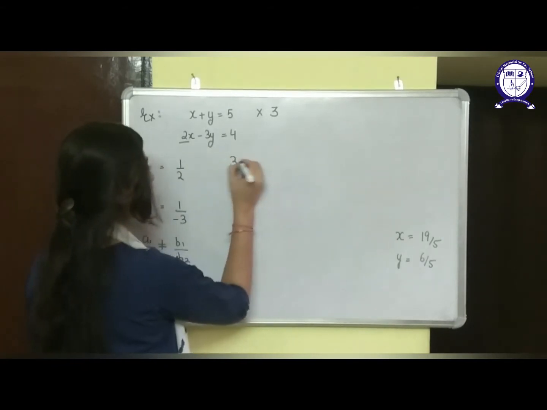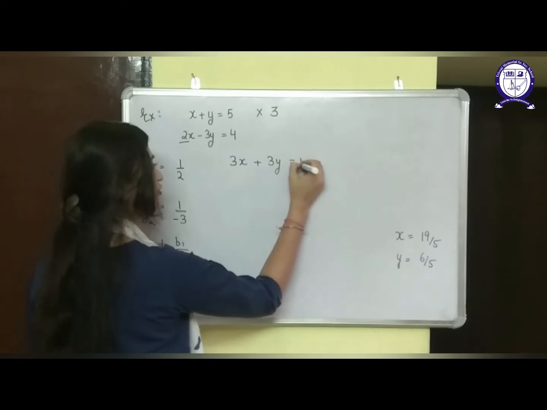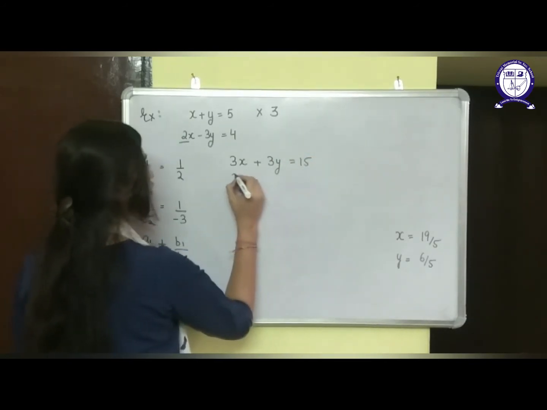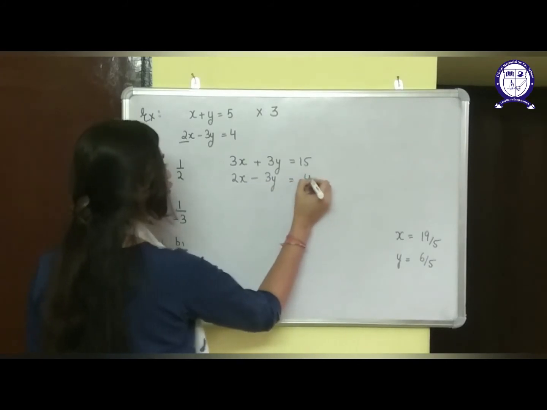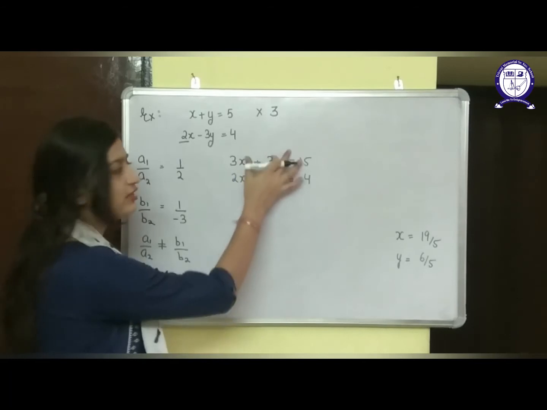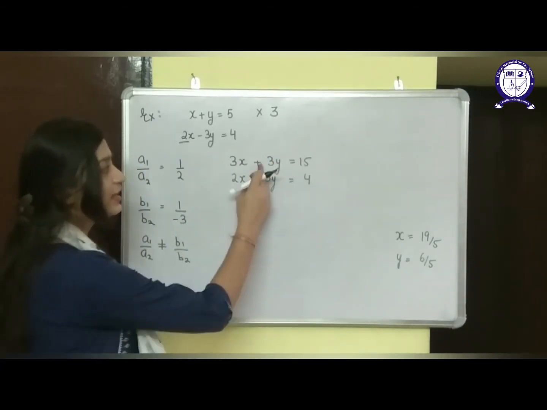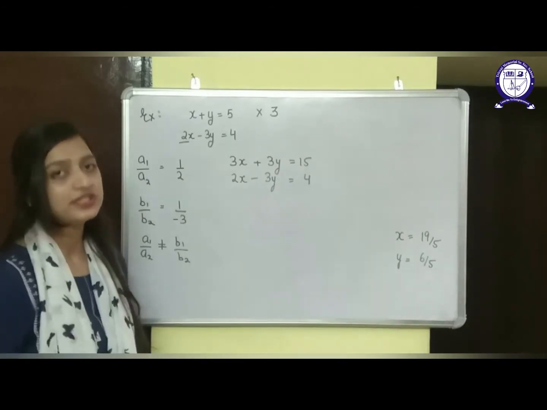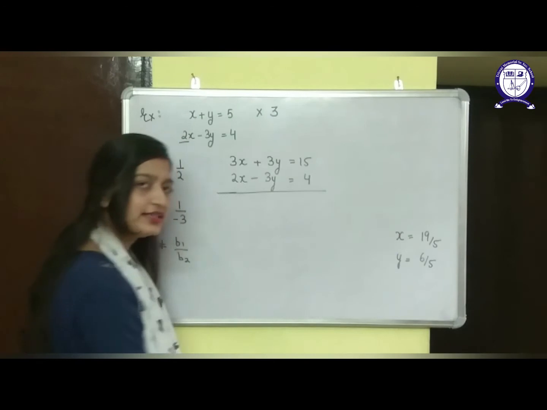The equations become 3x plus 3y equals 15 and 2x minus 3y equals 4. If I add these equations, y will be eliminated, because if I subtract them, it will be plus and plus, which becomes 6y. So I need to add them, and the signs will remain the same.